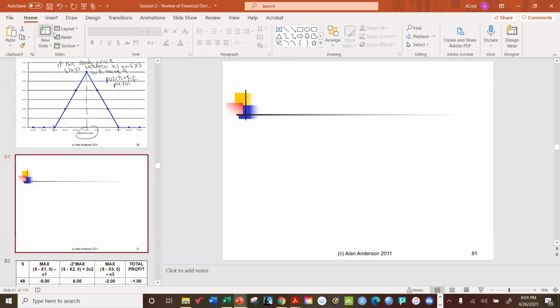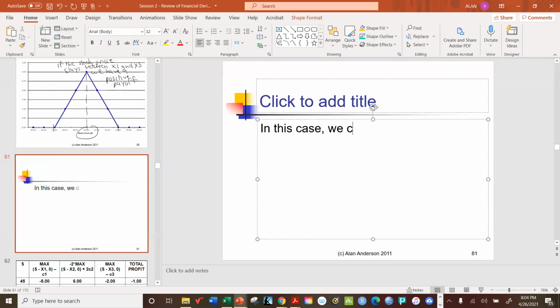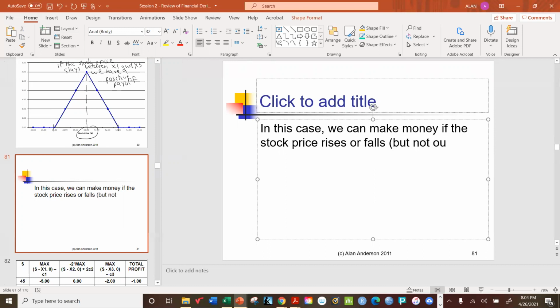let's see what this is all about. In this case, we can make money if the stock price rises or falls, but not outside the range from 47 to 53, of course.